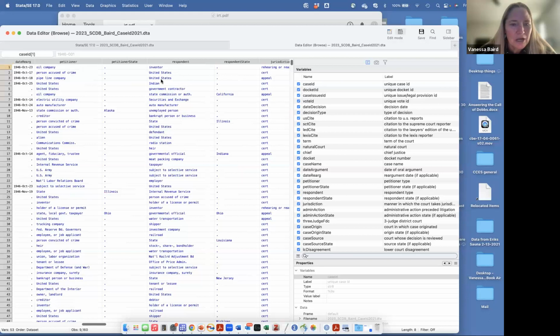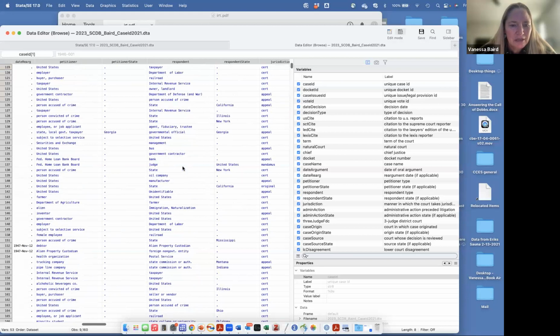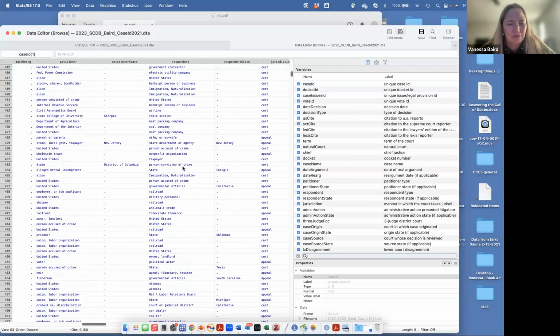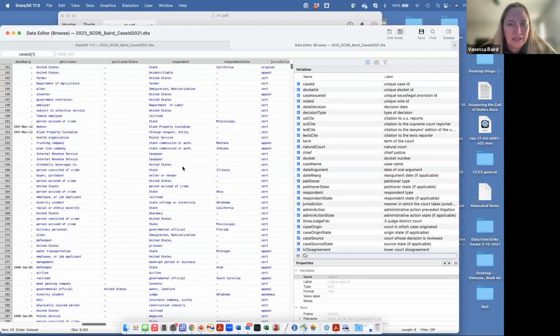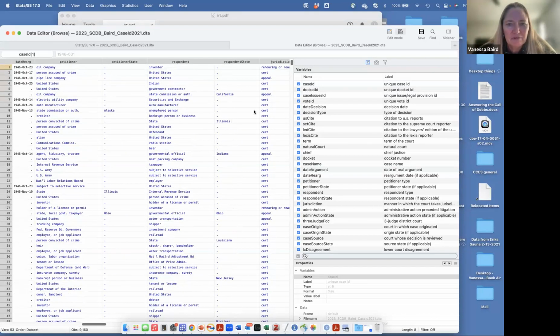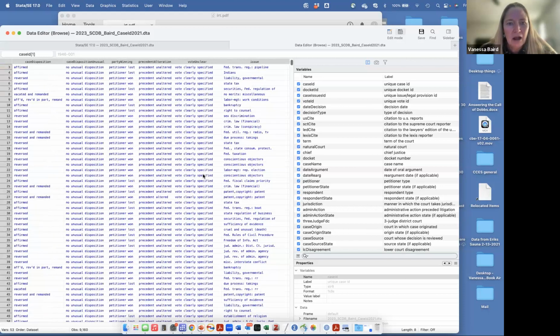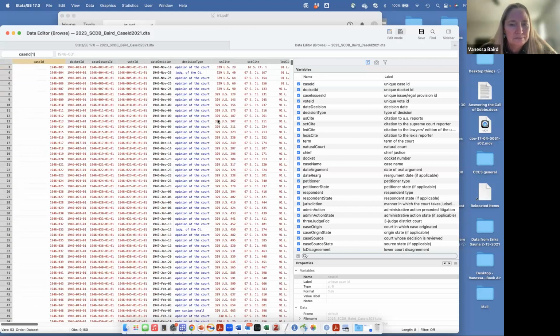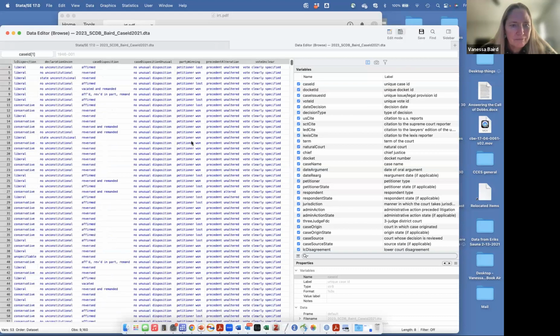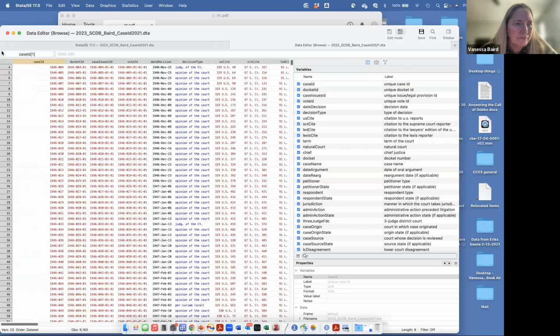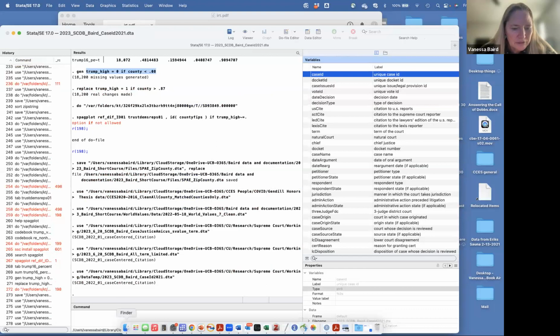Who the petitioner was, or which type of petitioner, in I think 300 or 600 categories or something like that. Did it come from a state? Was the state a participant? Were they the respondent? Were they the petitioner? So all of this data is at the level of case ID. That was the original data.